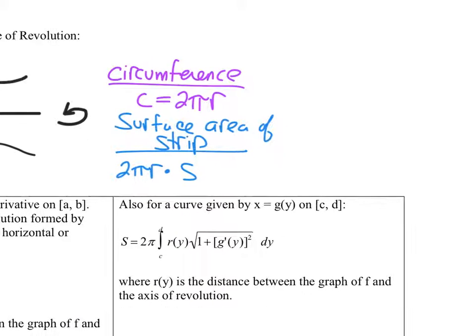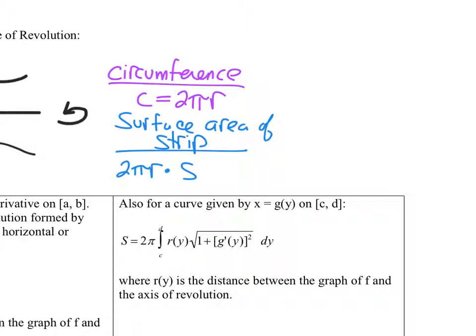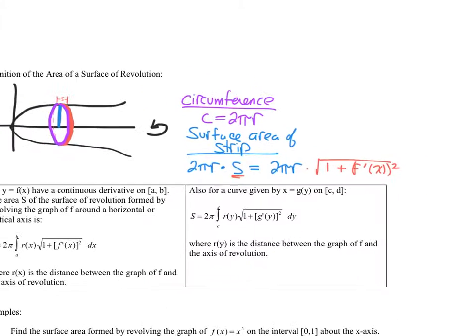And we discovered on the previous page that s is the same as the square root of 1 plus f prime of x quantity squared. Well, assuming it is a quantity. All right, so we have 2 pi r multiplied by the arc length. Thank you. I kept seeing the s and I just can't stop myself.